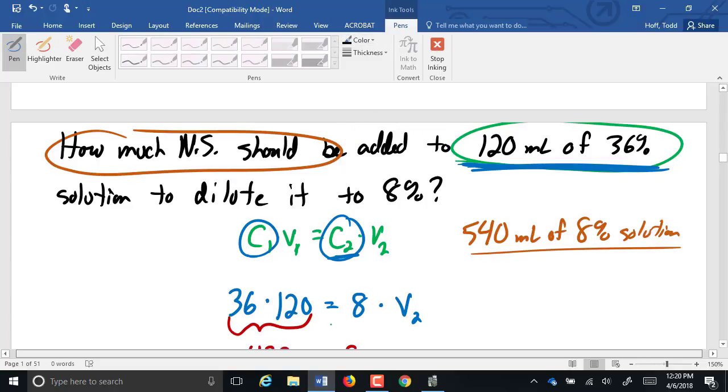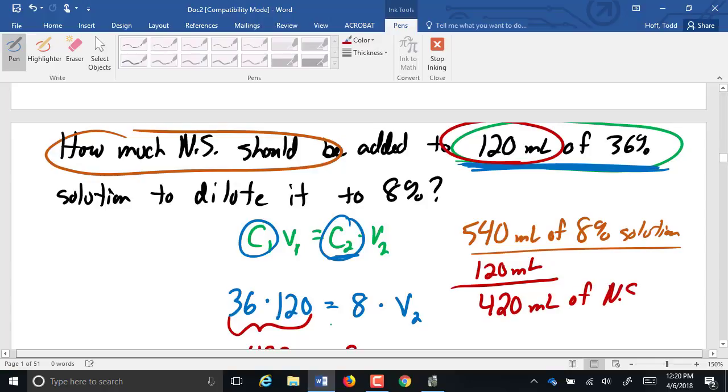Well, we already had 120 milliliters. To get our volume up to 540, the difference is made up in saline, so we have to subtract. 540 minus 120 is 420 milliliters of saline is what is added. Any questions?